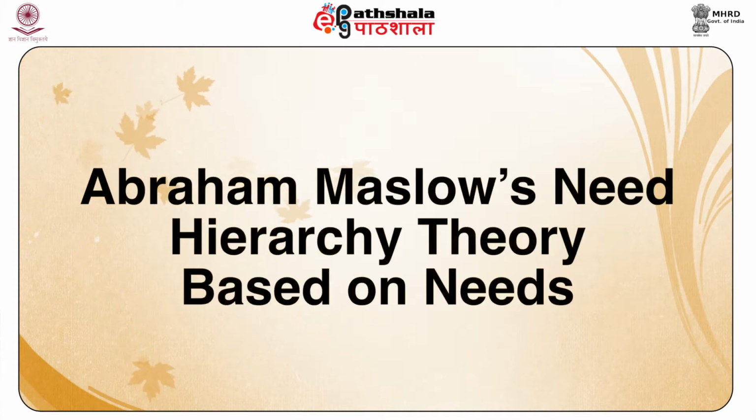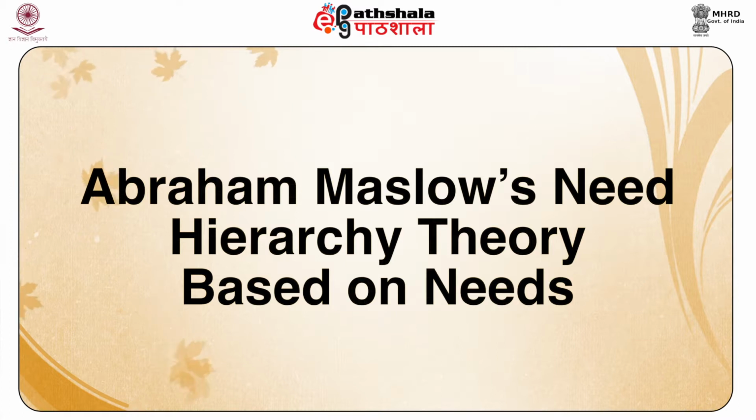The first theory was given by Abraham Maslow, the need hierarchy theory, which was based on needs. Abraham Maslow developed a general theory of motivation. He developed his theory based on different needs of human beings. He identified a certain set of needs that humans desire to have at various points of time.